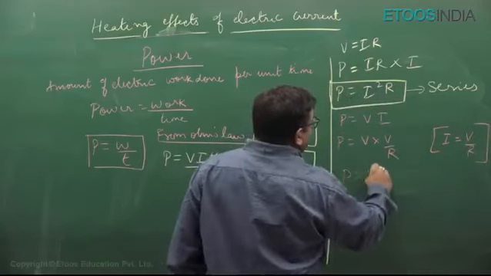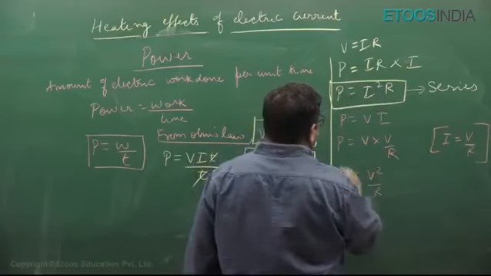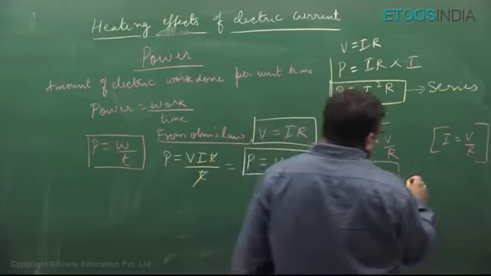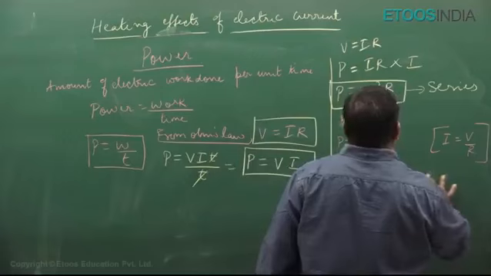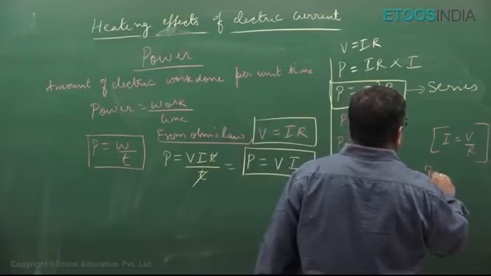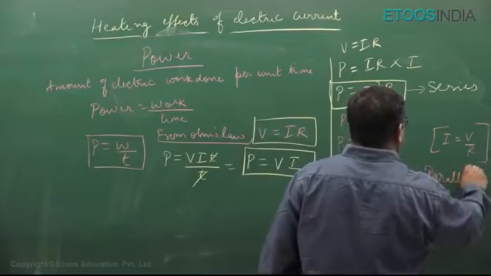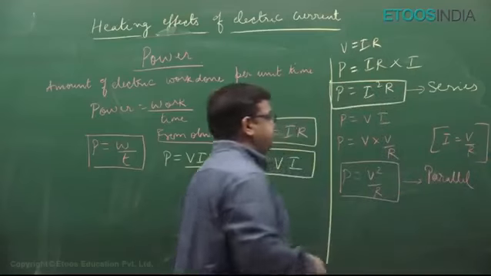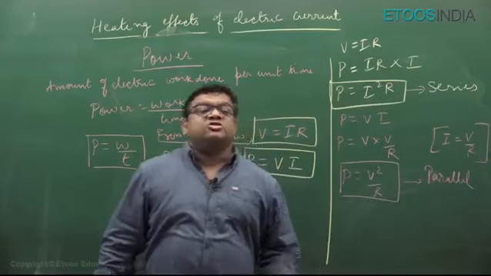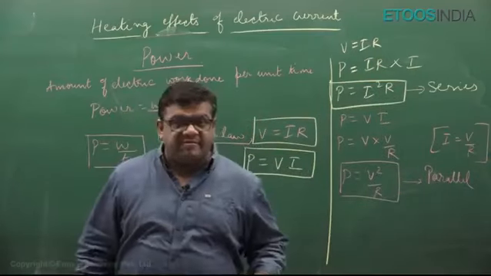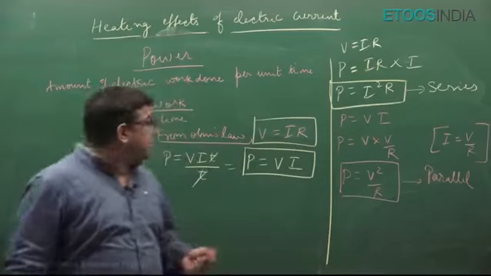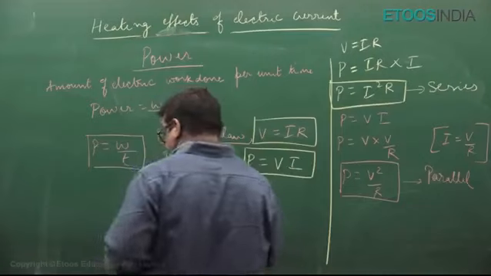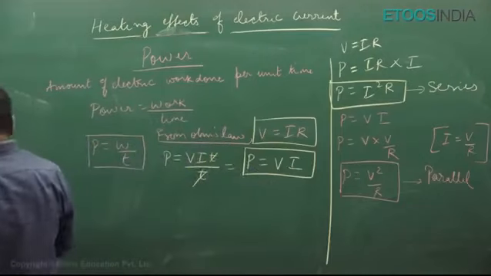It becomes V square upon R. So, it will be used in parallel. Is it clear? So, this is all about the power. Got it? Now, what is the unit of the power? Let's discuss that first. See this side.